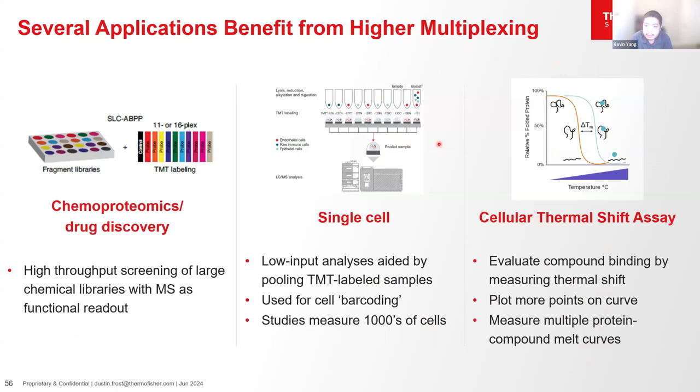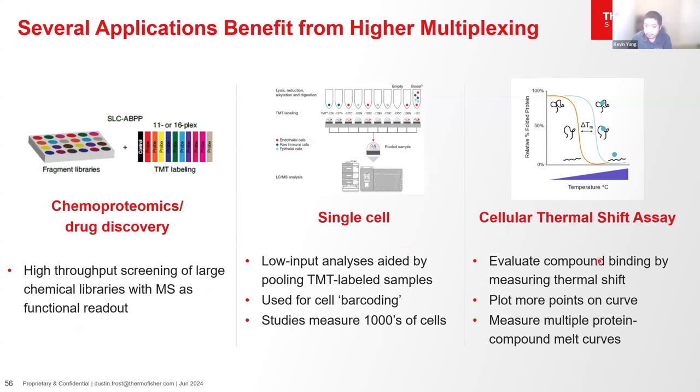There are several applications where we found people are still applying TMT and DDA over DIA. That includes chemoproteomics, especially activity-based protein profiling. The TMT-based approach is the gold standard in the industry. For single cell, you can have a boosting channel to improve the sensitivity.